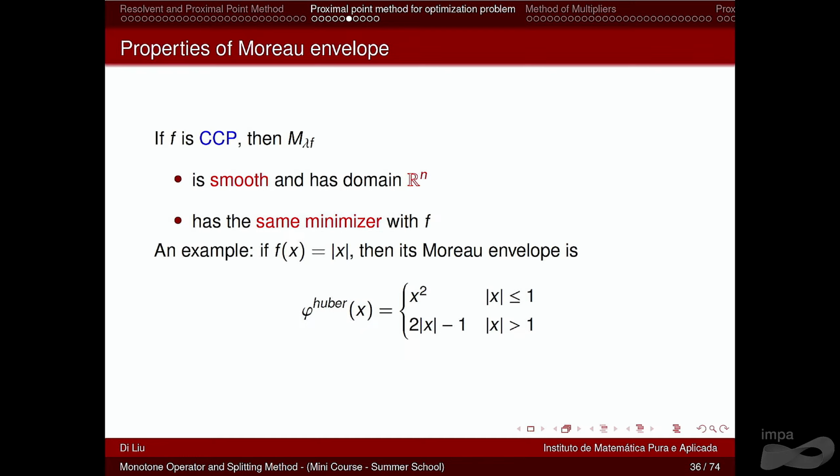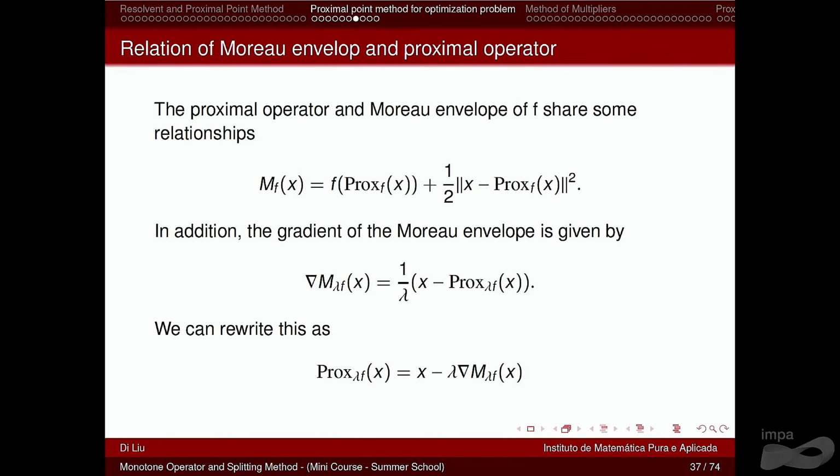The Moreau envelope of this function is this Huber function. And we can see this function is differentiable everywhere, okay, and has a full domain. So since it is differentiable, you can use the methods you have studied before for smooth problems, like the gradient descent method, okay?